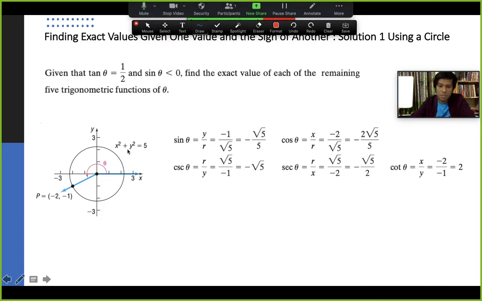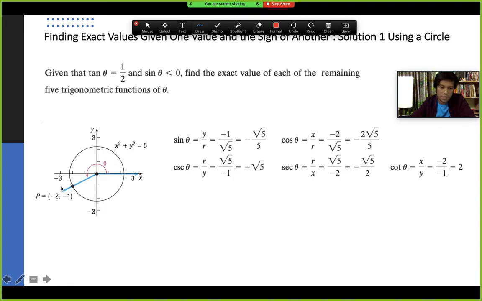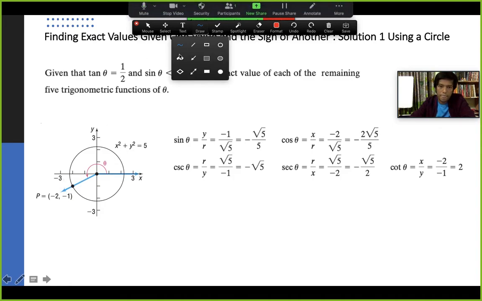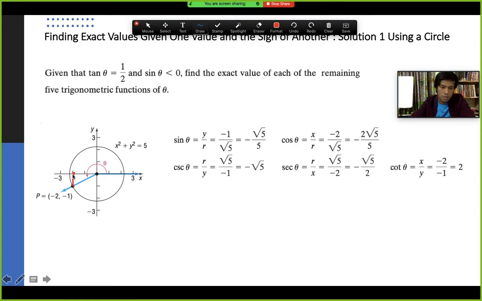This exact thing, x square plus y square, where x means minus 2. If we draw this line, this is the minus 2, this is minus 1. So we know that x square plus y square equals this. Then we know that the length of this side is root 5. This is the length of this side.